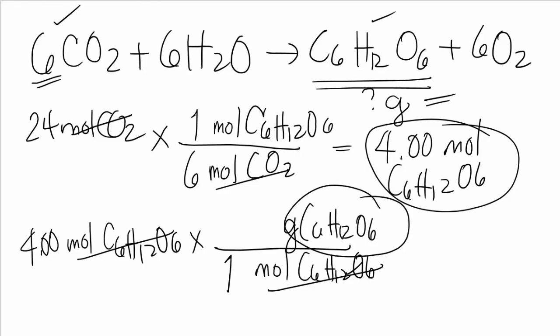So, we will have 1 mole of C6H12O6 equivalent to the number of grams or the formula mass of C6H12O6. And calculating the formula mass of C6H12O6, we will have 180.18. So, paano ulit nakuha tong 180.18?